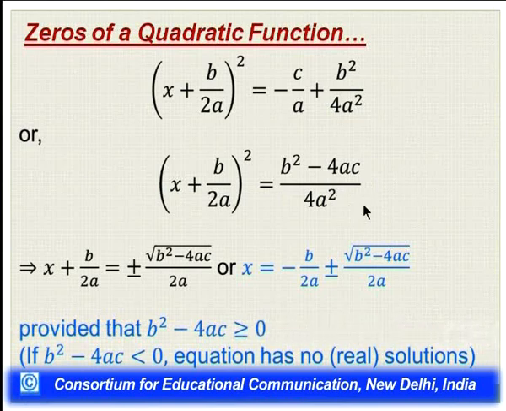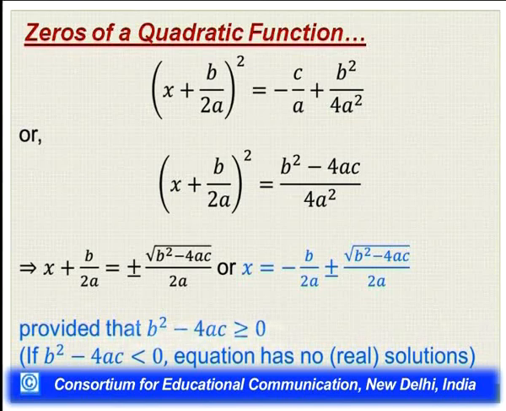Remember, we are trying to find the roots of the equation a x square plus b x plus c, and we have converted that equation into this form in order to solve it. So now we are in a position to solve this and get the values of x. I can now write x plus b by 2a equal to plus minus square root of b square minus 4ac divided by 2a, taking the square root on both sides.